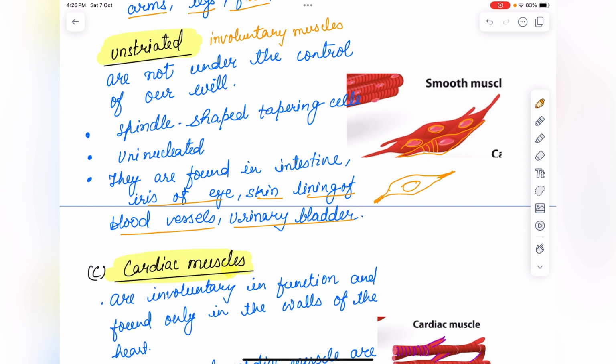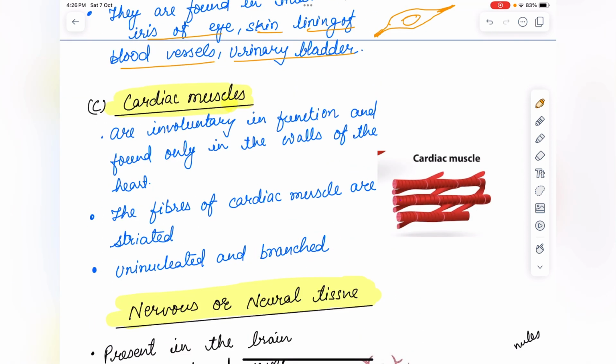Next is cardiac muscles. See, this cardiac muscle will be present only in the heart. Heart में ही present होगा. Heart के walls में are involuntary. This is also involuntary, means this will also not be in our control, and found only in the walls of the heart.